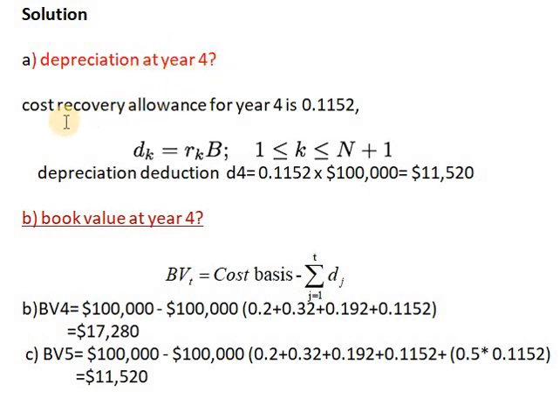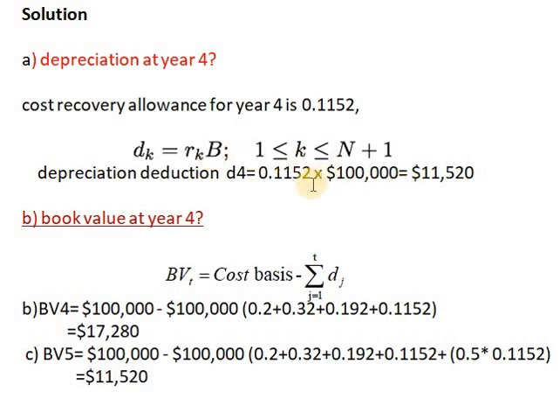Okay, we agreed that D is depreciation, and k is the period. So this is what I need to calculate, depreciation at year 4. It is the recovery rate for year 4 multiplied by the cost basis. The cost basis is the original cost, which is the $100,000.